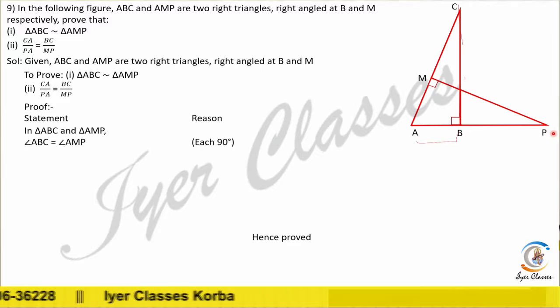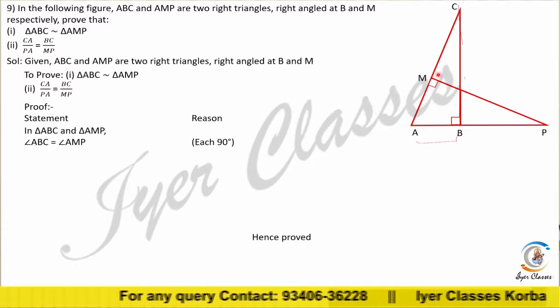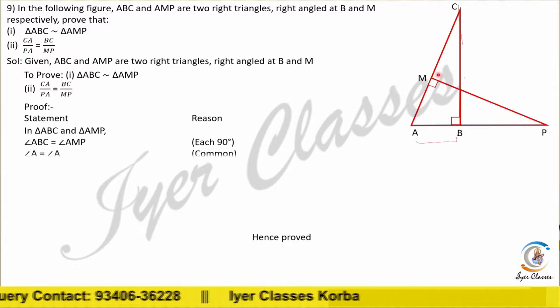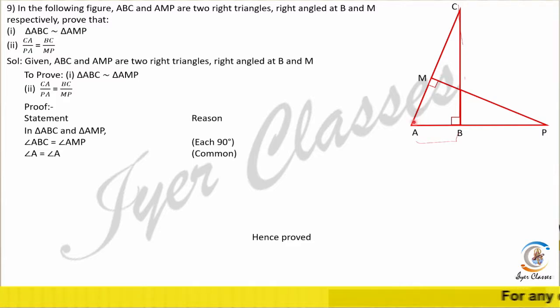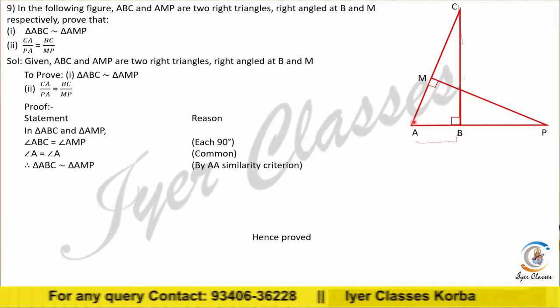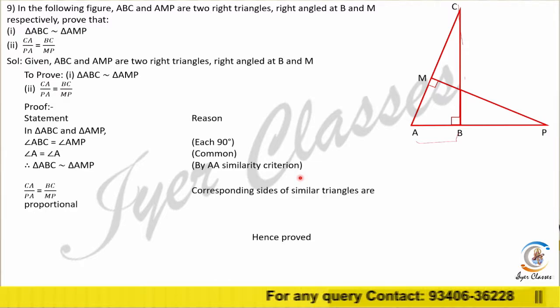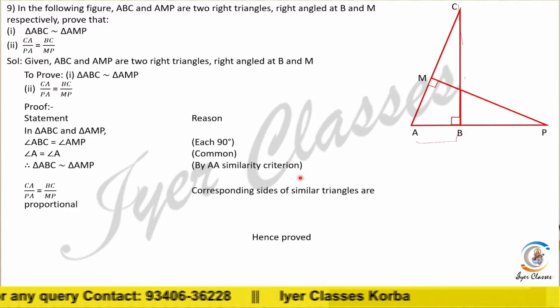When you consider triangle ABC and triangle AMP, you are given that angle ABC and angle AMP are each equal to 90 degrees, and in both the triangles angle A is common. So this makes triangle ABC and triangle AMP similar to each other by AA similarity criterion. Now we know that if two triangles are similar, the sides will be proportionate.